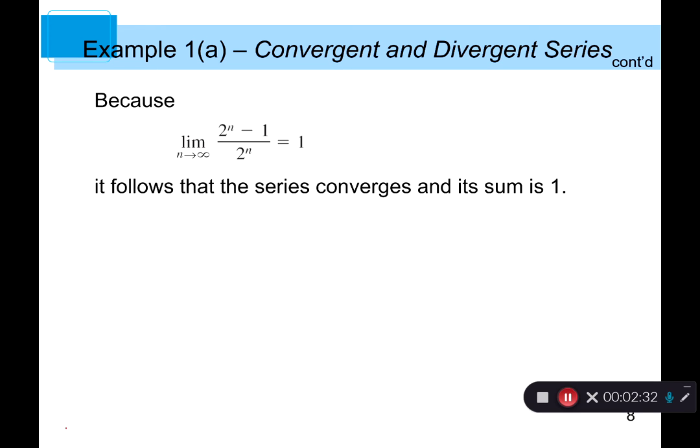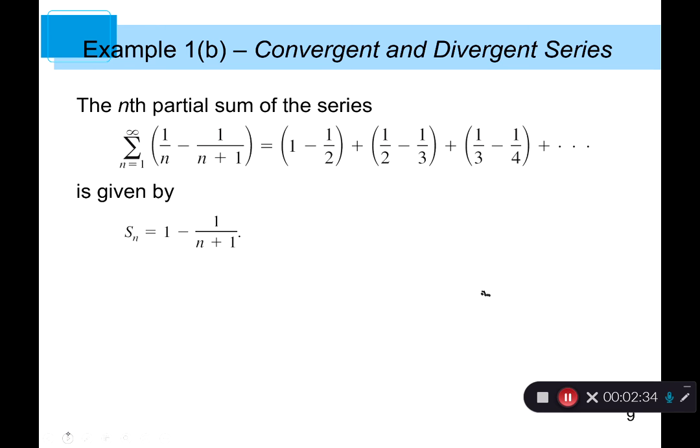All right, let's take a look at the next one. The next one we have this series here. So I'm going to start labeling some of the partial sums. I have a few here for you. And what do we notice in this series? We notice I've got a negative 1/2 and a positive 1/2. They add up to 0. I've got a negative 1/3 and a positive 1/3. They add up to 0.